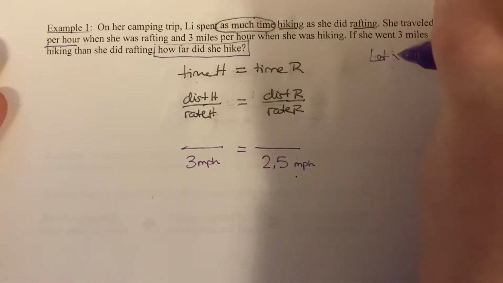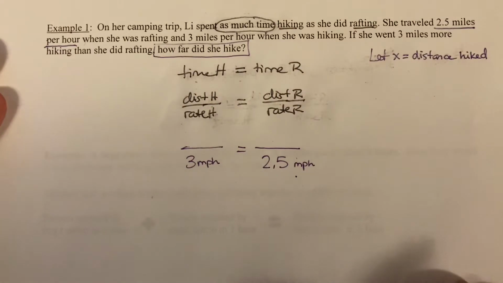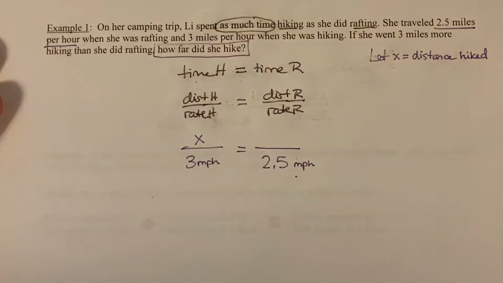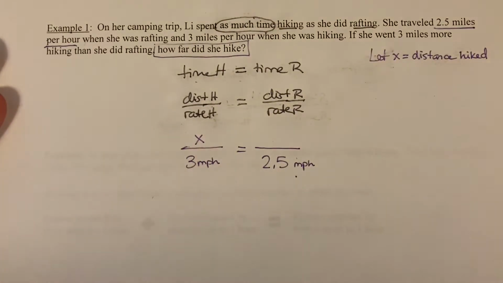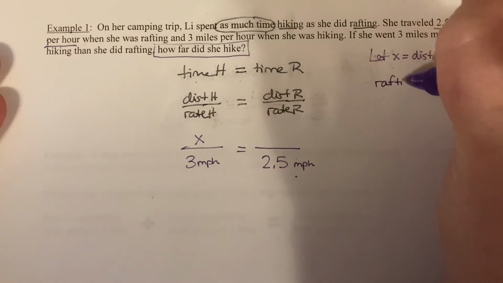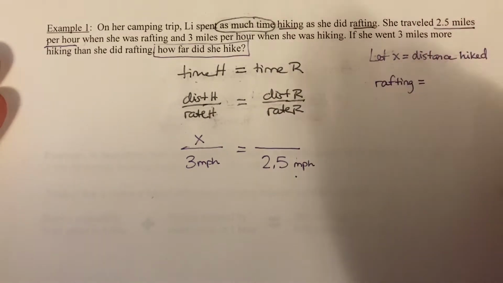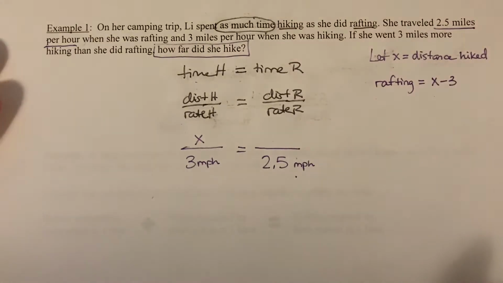So I'm going to say let x equal the distance hiking. So that would make distance hiking x. But then it says she went 3 miles more hiking than she did rafting. So rafting, in other words, would be 3 miles less, x minus 3.